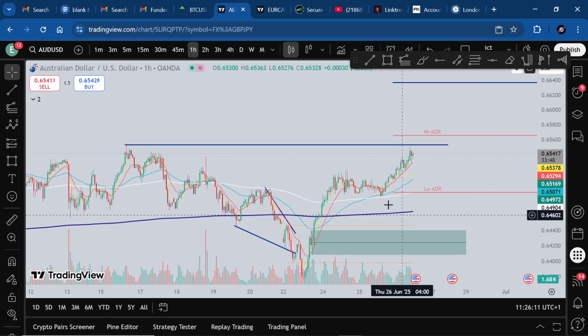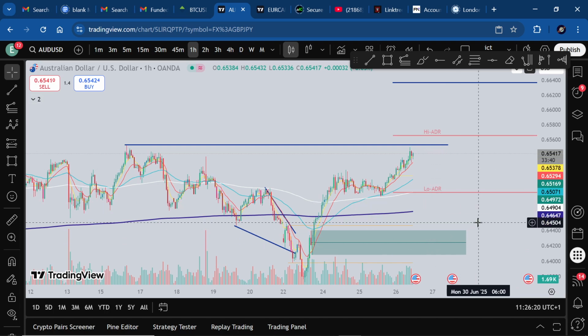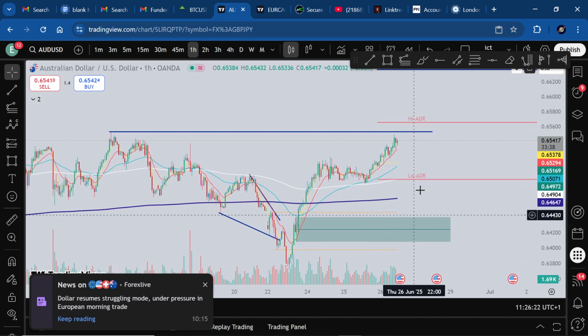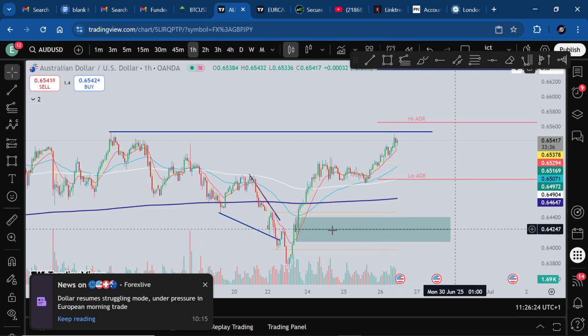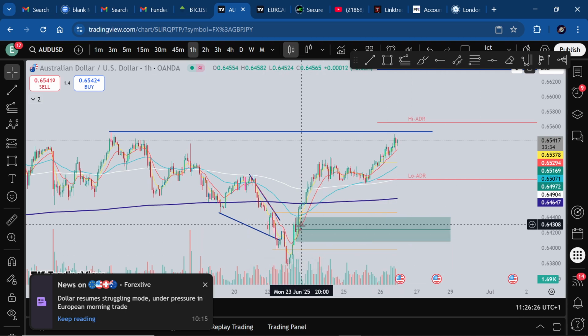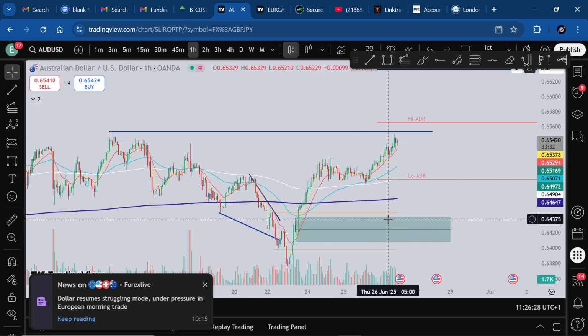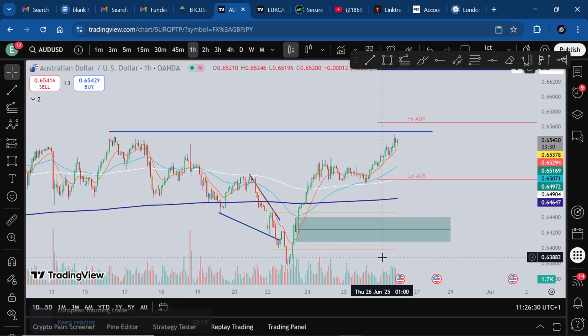So I'm not interested in buying this until we get a drop either into here when we see accumulation, preferably down into here. This is where the beautiful buys could take place. We do have an order block with imbalance at the psychological levels. It would be nice.